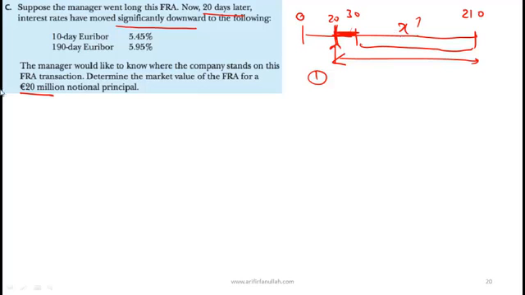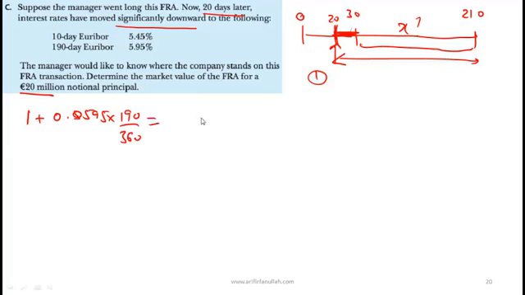So if $1 is invested for this entire 190 days, how much would it be? It would be 1 plus 0.0595 into 190 over 360.